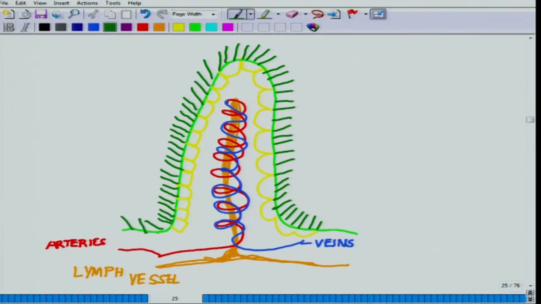So, what are the different terminologies for the different cells out here? Some of these cells which are at the top, these are called goblet cells. Then you have the epithelial lining. So, most of these are epithelial cells.